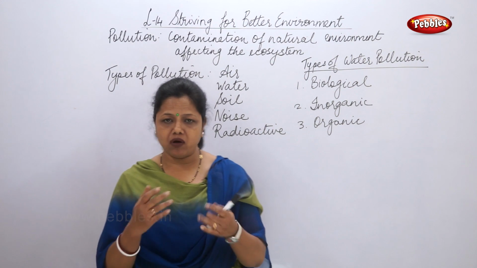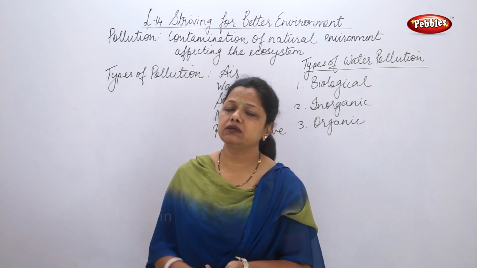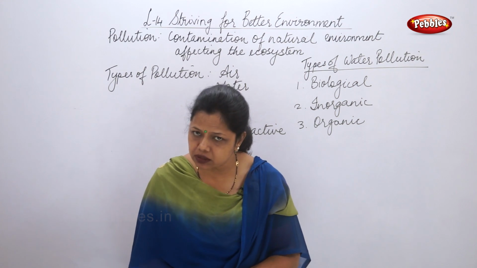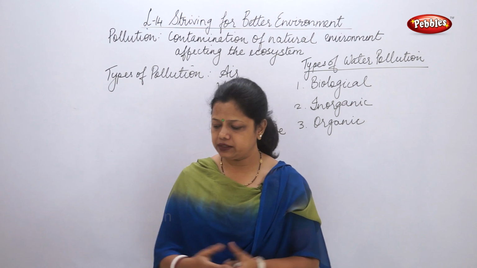And what is the effect of this? It blocks the light, and it blocks the water from getting oxygen from the air. And if it blocks all these things, it is bound to affect the flora and fauna under it.